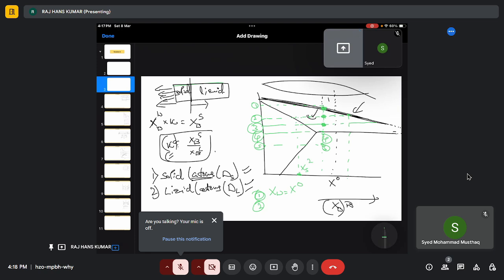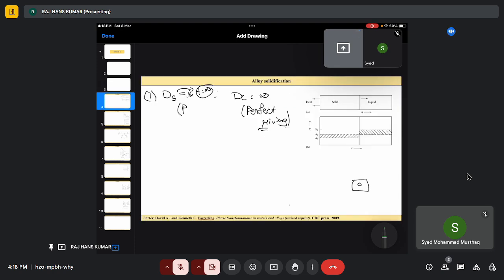For solid, right? Let's write excess 2. Then what is my XL? XL will be equal to XS2 upon k. Right? We can get those relations from this. So that's what we are doing.